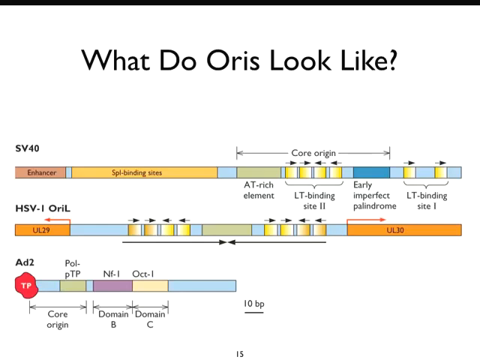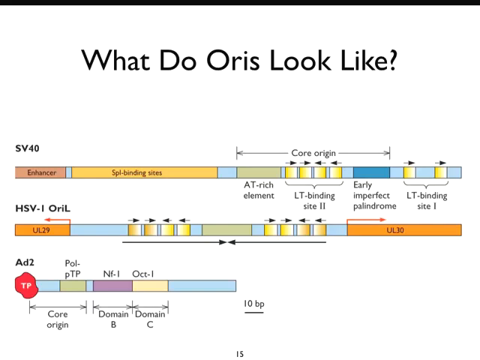So what does an origin look like? Well, not exactly like this, but somewhat like that. What you have here is a schematic representation of a family of origins from different virus genomes. SV40 is a member of the Polyomaviridae family.